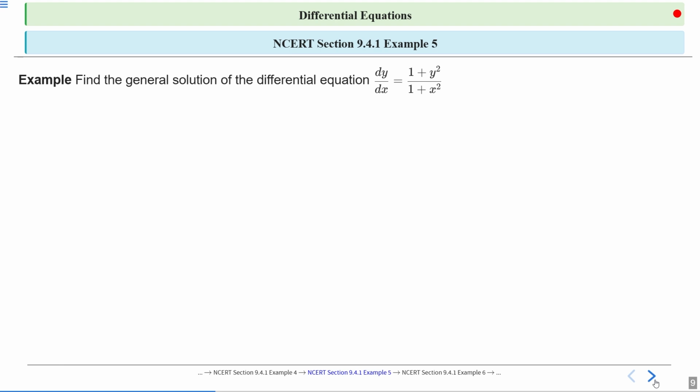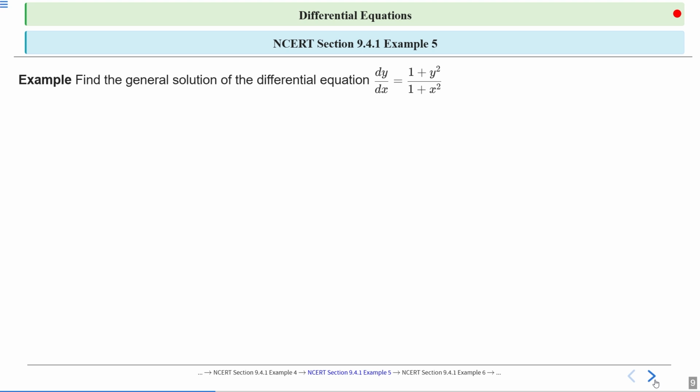Now example 5. Find the general solution of the differential equation dy by dx is equal to (1 plus y square) by (1 plus x square). In the given differential equation, the highest order derivative present is dy by dx, and its power is 1, so it is of first order, first degree kind.